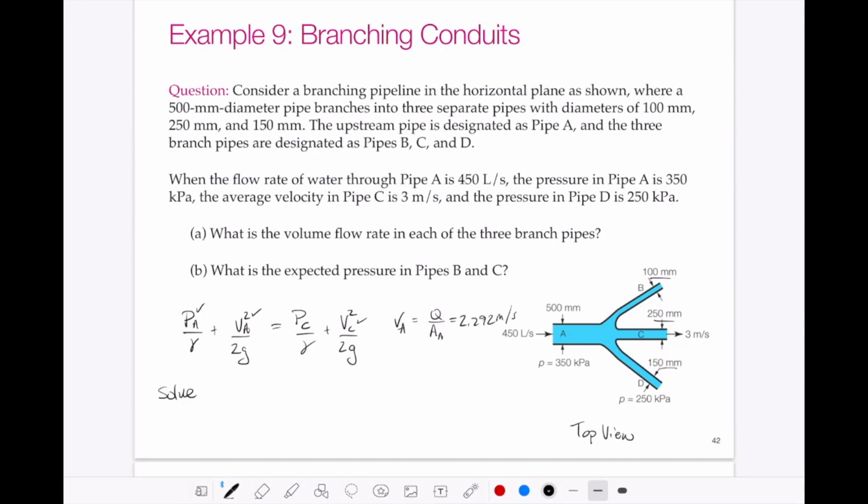So we can solve for the pressure at C, and pressure at C should be equal to 348 kPa.